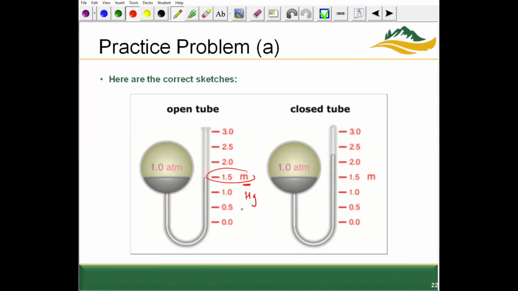For a closed tube, it's going up to 2.26 meters of mercury, so only gravity and the gas were at play. Here it's gravity, the gas, and atmospheric pressure. So that's open tube versus closed tube.